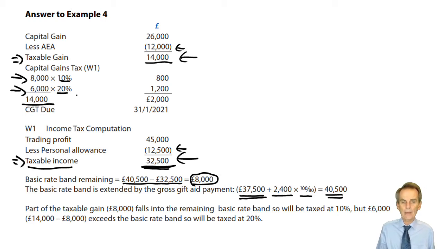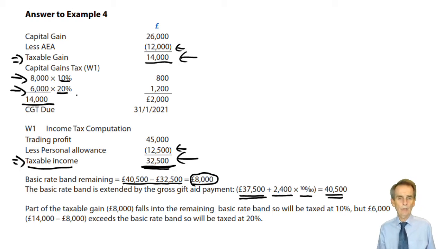Remembering now that that basic rate band limit, normally 37,500, has to be extended by the gross gift aid and/or the gross personal pension contributions made. Once done, do we now have any remaining basic rate band available? If so, use it. If the taxable gain is bigger than the basic rate band still available, then the excess is at the higher rate.